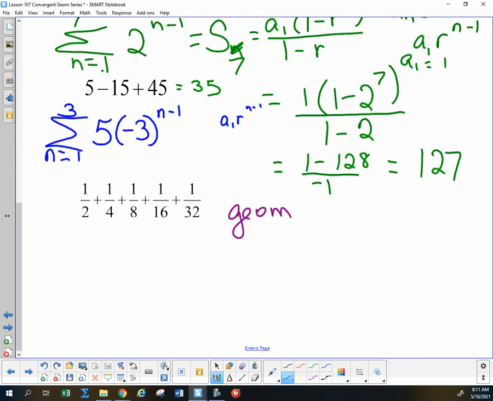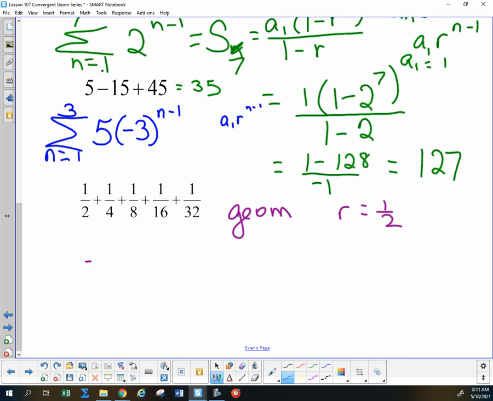And Isaac, what's the ratio? Okay, and let's see. Ava, you've got your calculator out. Just add up a half plus a fourth plus an eighth plus a 16th plus a 32nd for me. And leave it in fraction form. Don't change it to a decimal. And let's just see what we get for that.